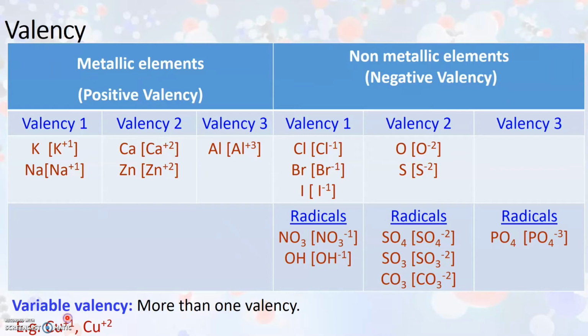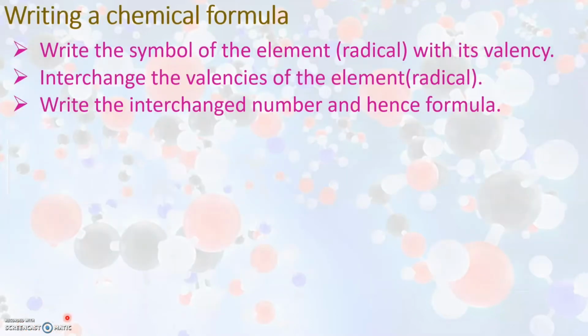Now let us see what should be known before we write the chemical formula of various compounds. There are three important steps that we need to remember in this order in order to derive the chemical formula of a compound. That is, first we need to write the symbol of the element or otherwise the radical along with its valency.